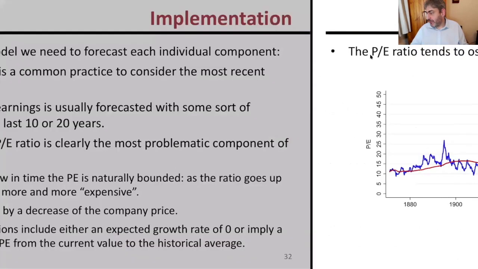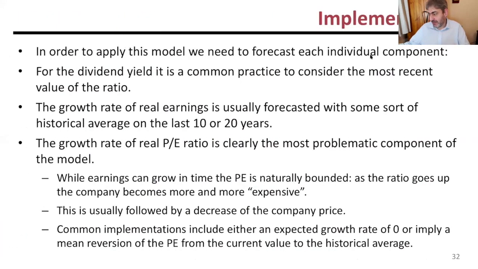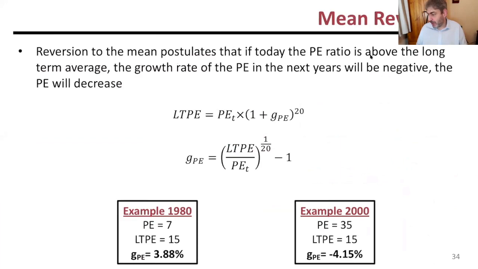So the idea is the following. We're going to model the mean reversion. Sorry, I skipped these slides because that's exactly what I described before. So we're going to measure the mean reversion. How does it work? First of all, we are going to calculate the long-term average of the price earning, for example, the price earning over the last 20 years.